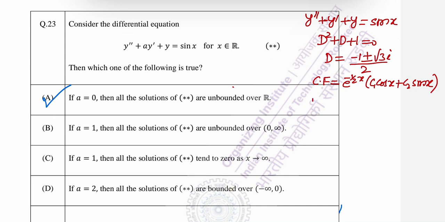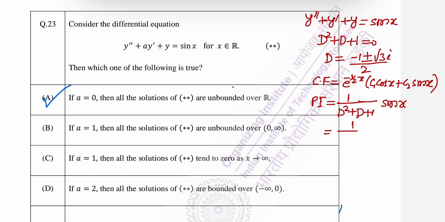PI will be 1 by D square plus D plus 1 into sin x, and since the function is sin x, at the place of D square we can put minus 1.